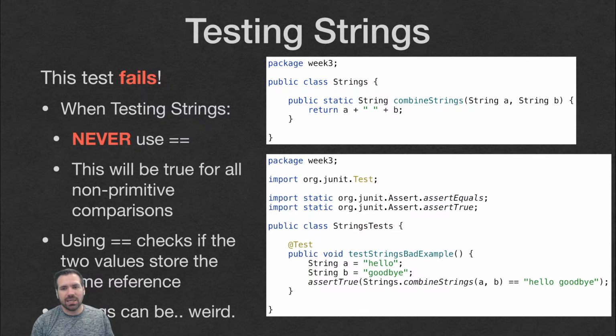And strings are actually objects. We pretend that they are stored by value, but they are stored by reference. So equal equal will compare the references. And sometimes, Java's pretty sophisticated with its strings. Sometimes two strings with the same value will refer to the same string. Java will do a lot of work to try to reuse memory and not create copies of strings that have the same exact characters.